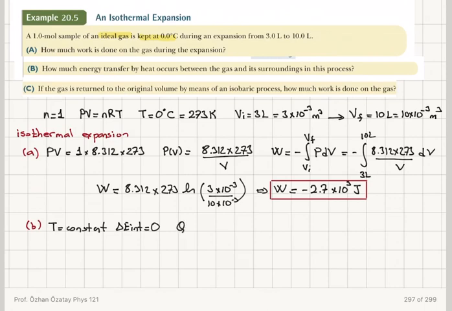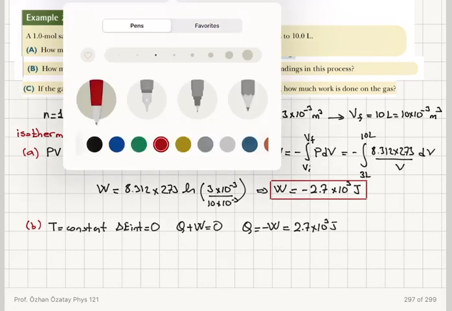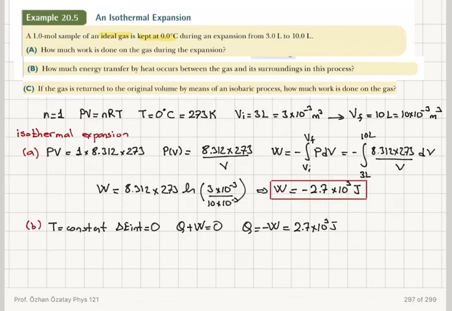We have Q plus W is equal to 0. Therefore, the heat added to the gas is minus the work done on the gas. So this will be equal to 2.7 times 10 to the 3 joules. That's the total amount of heat added, or the mechanical equivalent of this. So that would be the heat added expressed in joules.